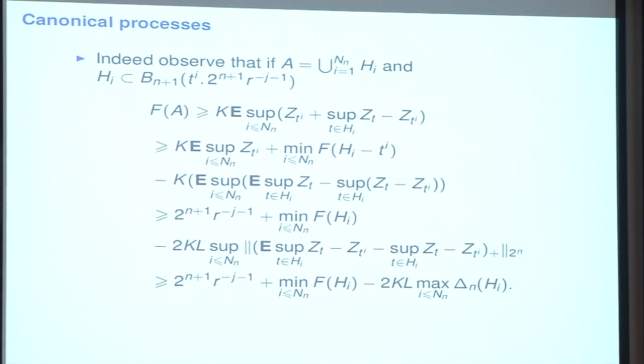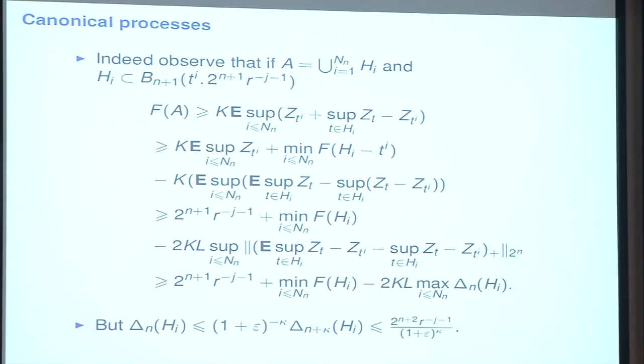And the constant in our case is, I think, 2. But you could put anything here, and the idea would still work. So it doesn't matter. But I think 2 is the loss you get when going from this to the 2 to the power n moment. And the final point is that this is exactly the diameter by our concentration inequality. This is controlled by the diameter in the d_n distance of the set h_i.